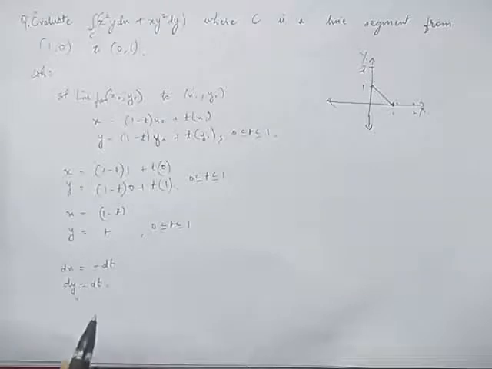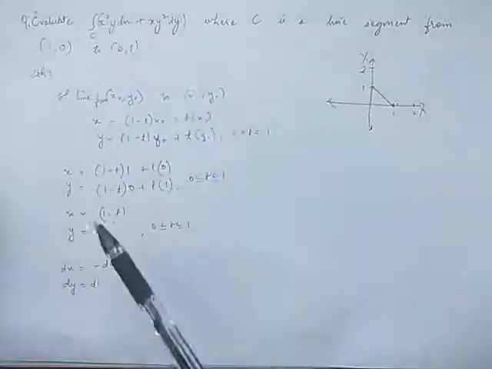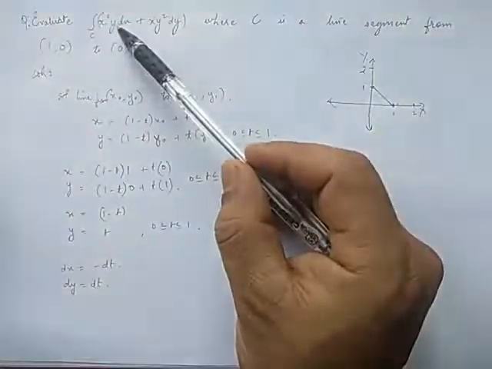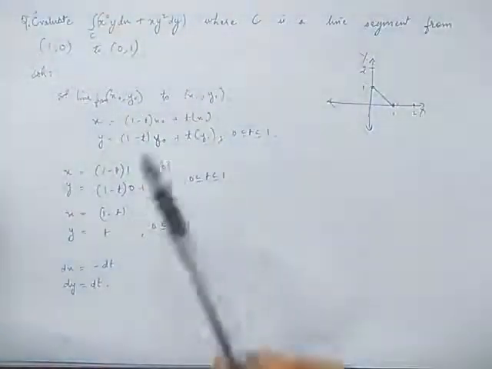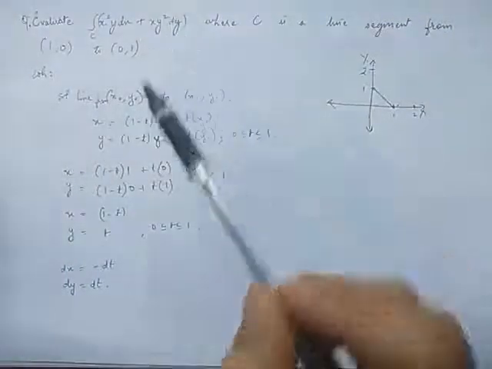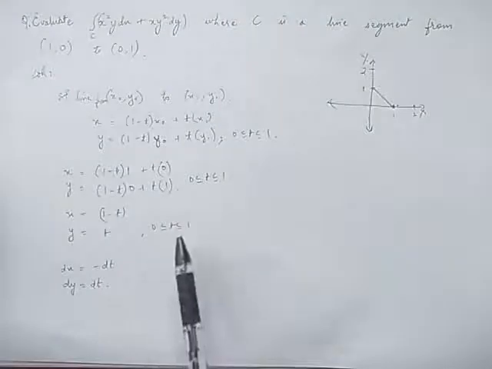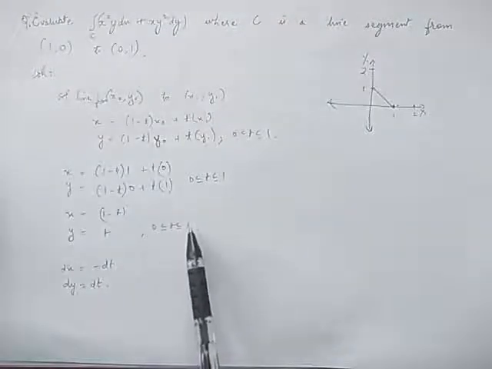What we can do now is for x we can put 1 minus t, for y we can put t, for dx I can put minus dt, and likewise for dy I can put dt. So t varies from 0 to 1.